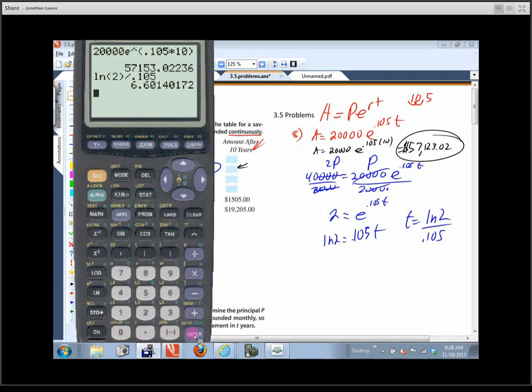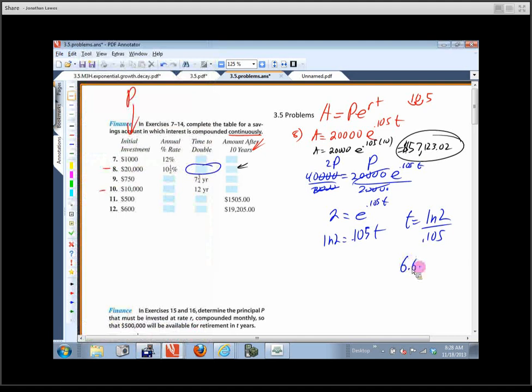So this says 6.6. 6.6 what? Years, okay? 6.6 years. Now, if it got to 57,000 after 10 years, doesn't it make sense that the answer to get to 40,000 would be a little bit less than that?